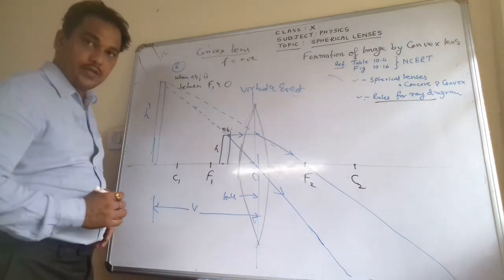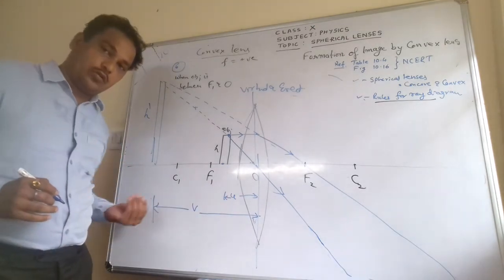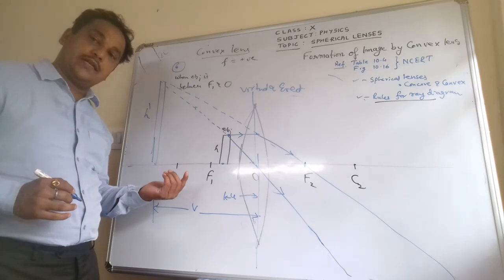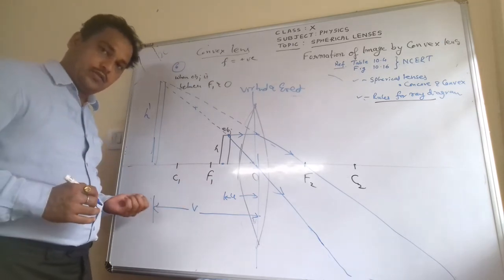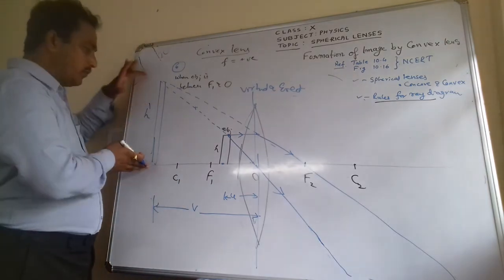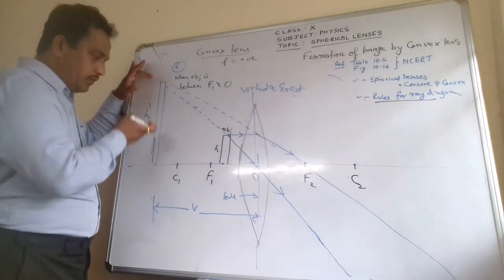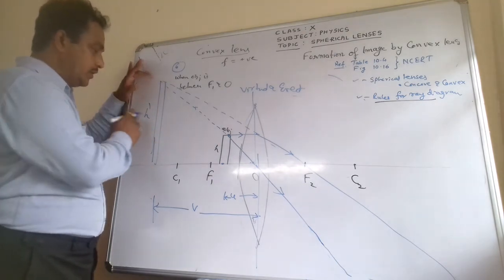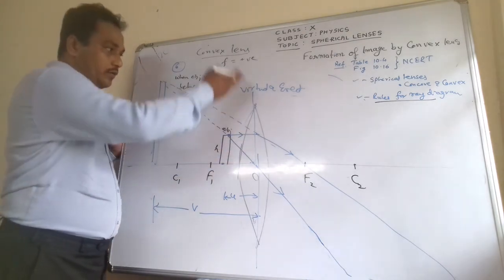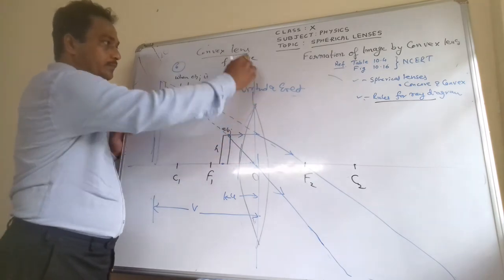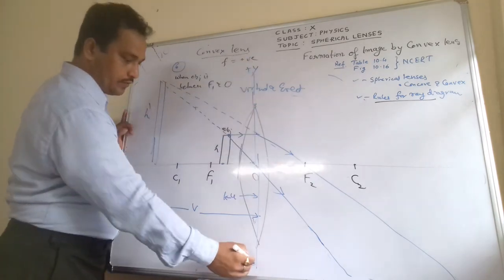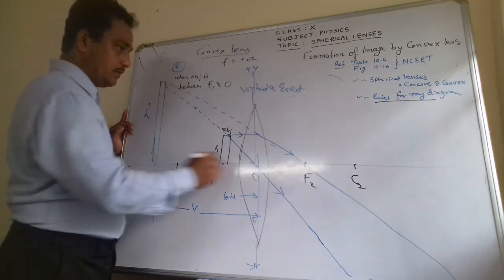You can observe that both are on the left side, so will it be negative or positive? Negative, as per the new Cartesian sign convention. And the height of the image is above the x-axis, so it is positive, because it is on the positive y-axis. Positive y, negative x, and positive x-axis.